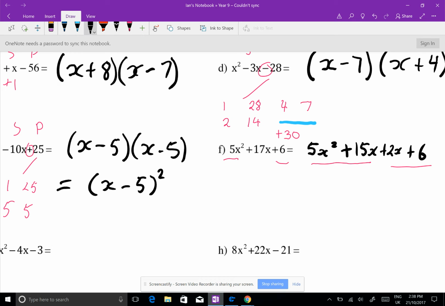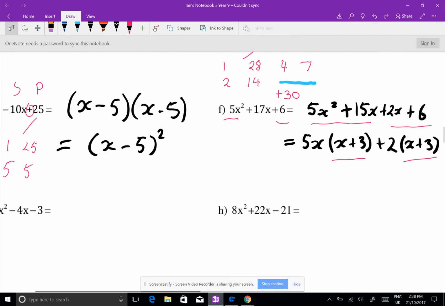Now if I look at the first pair of numbers, I need to factorise that. Well, I'm going to take a 5 and an x out, and I'll get x plus 3. And then in the second pair of numbers, I can take out a 2. So I take out plus 2, and I'll get x plus 3. And I see here x plus 3, that's a common factor.